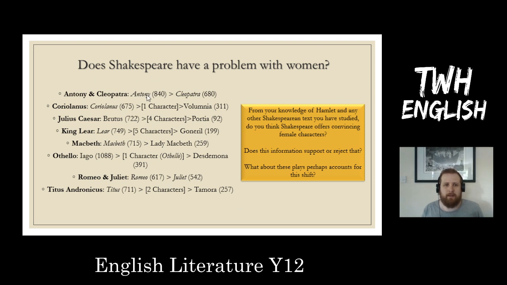Why do we think these plays specifically have such a shift between the male and female characters? Why is there such a line disparity? And also, what do you notice about the relationships of these women? What do you notice about the positions of these women in these plays? Again, chuck some comments in here, please.